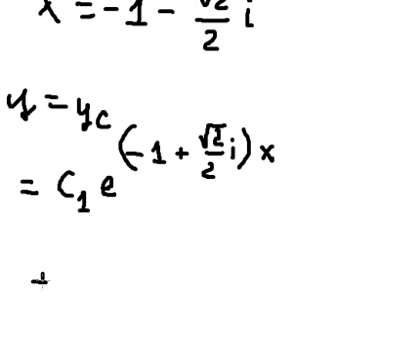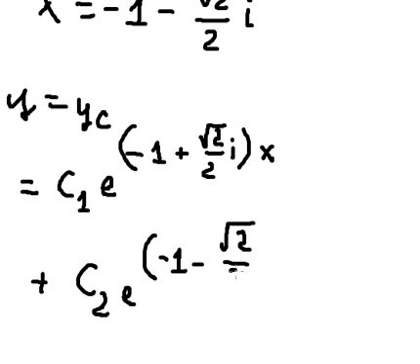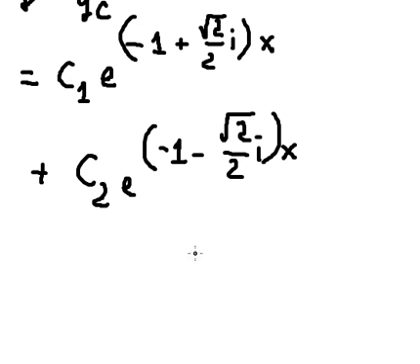And we have c2 e to the power of negative 1 minus the square root of 2 over 2i, and we put s. So in this situation, we can write like this.